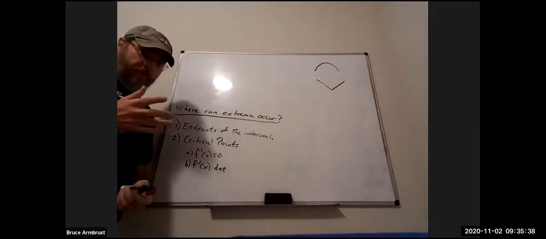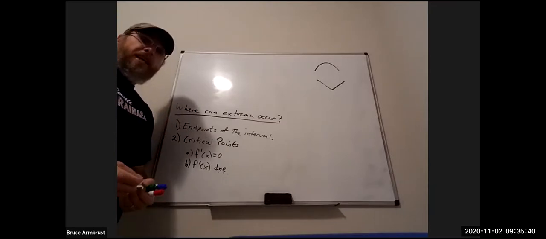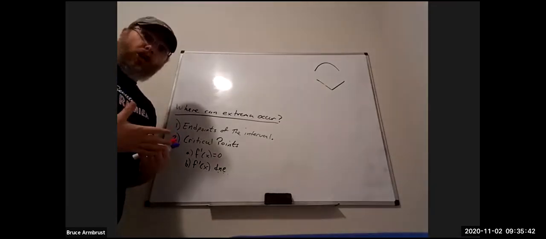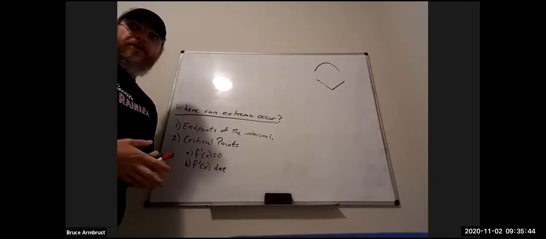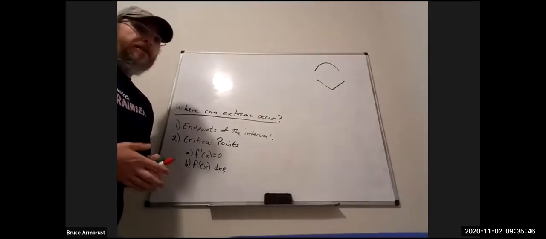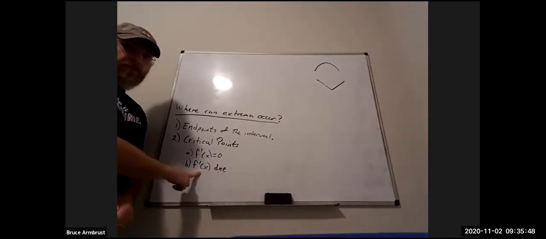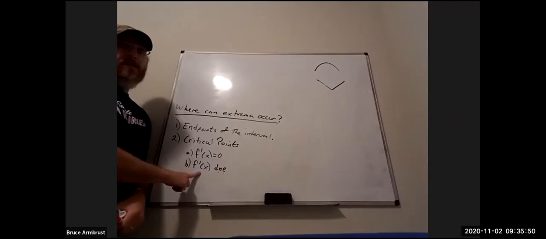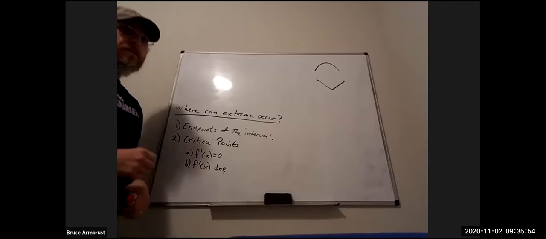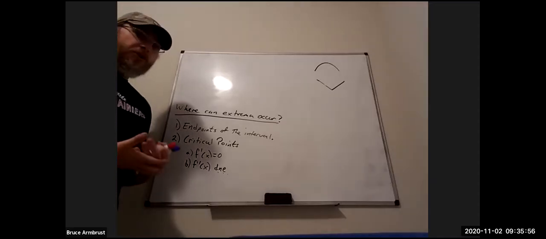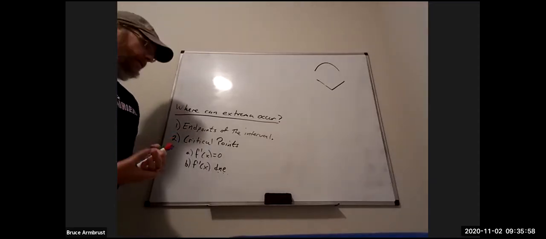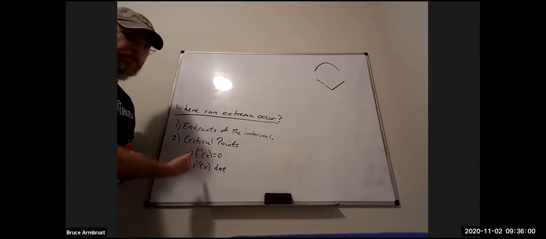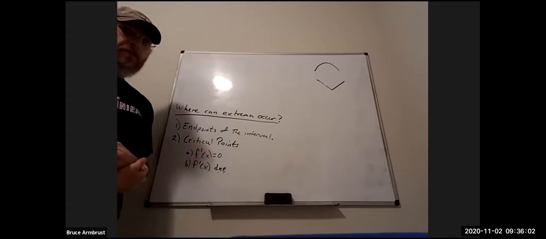But you guys remember from our discussion of differentiation that if there's a kink, a real sharp turn, then the derivative doesn't exist. Well, that's why we have to look for the derivative being non-existent. So those are possible turnaround points. That's why we check critical points.